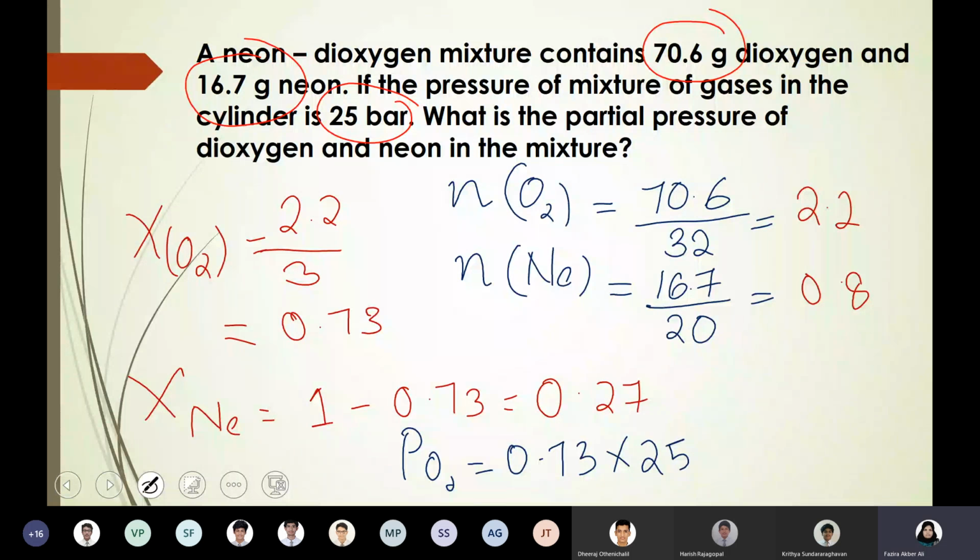Similarly, the partial pressure of neon will be the total 25 minus PO2, or you can do the other way, 0.27 multiplied by 25. Because it's only a mix of two gases, after finding the partial pressure of oxygen, 25 minus the partial pressure of oxygen will give you the partial pressure of neon. If it is 3 or 4 gases, then you have to find each individually.